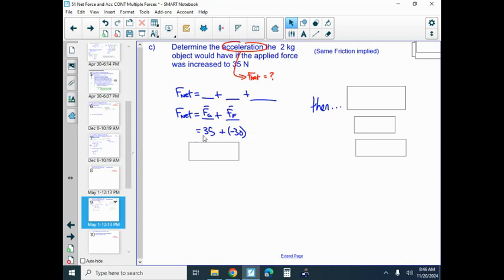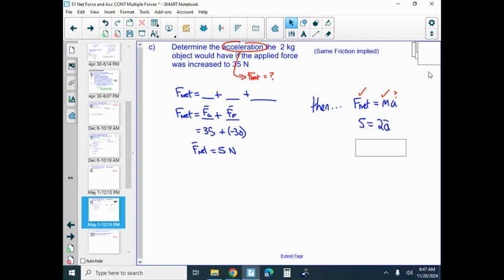We have our 35 plus our negative 30 still, so we have a 5 newton net force. Now I know the net force and I have the mass as well, so you can get the acceleration. So now we're looking at it as if we push a little harder, we can make it accelerate at a predictable rate.